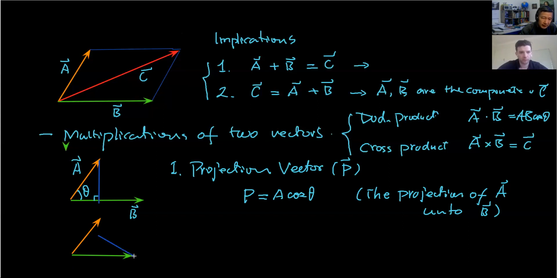The angle between the two vectors is theta, and this is a right angle. This is vector A, this is vector B, and this is the projection. If I use a different color, the projection is here.